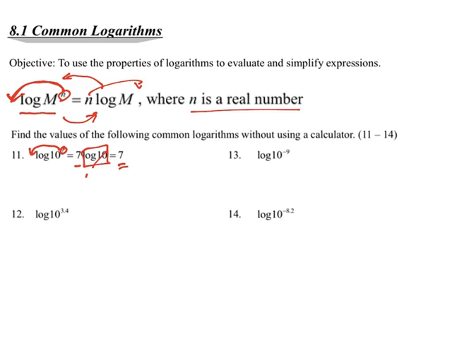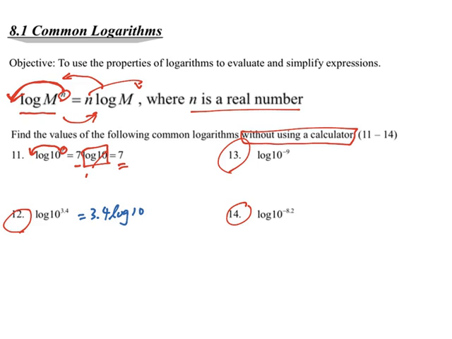Now, try to use 1 minute to do questions 12 to 14 without using calculator. Okay, let's check it. For question 12, as I said before, we take the index out, so it's 3.4 log 10.